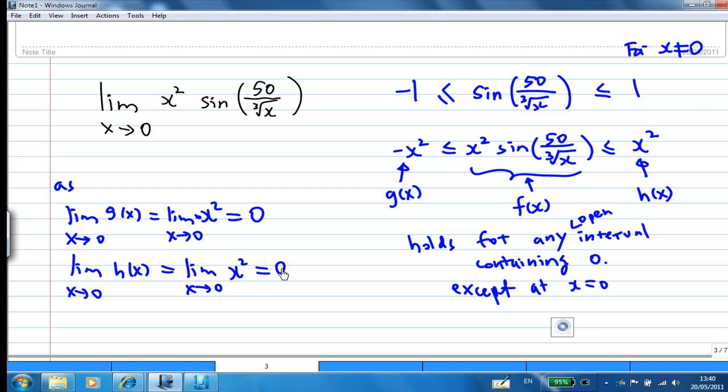Both limits are equal now. So by the squeeze theorem, the limit of f of x as x goes to 0 must be equal to 0. And that is the end of the recording.